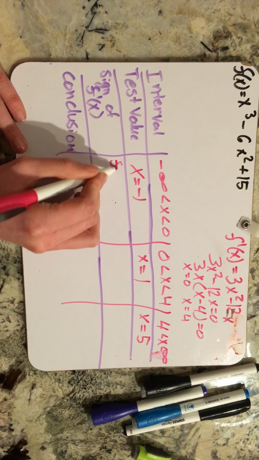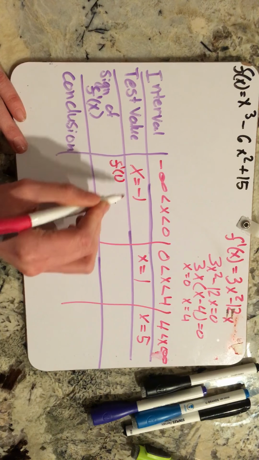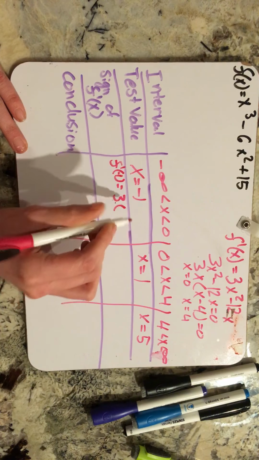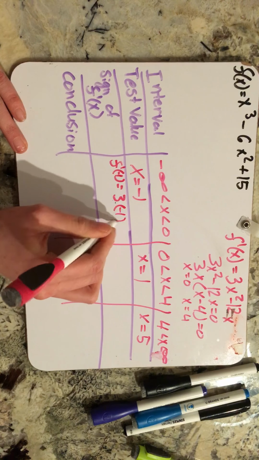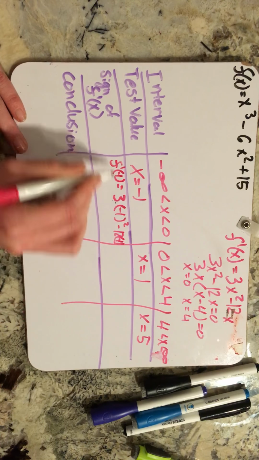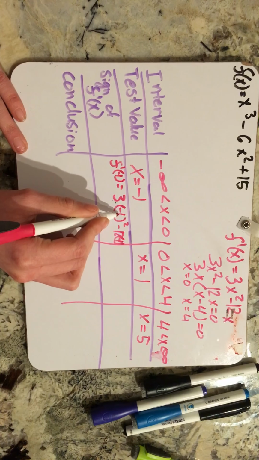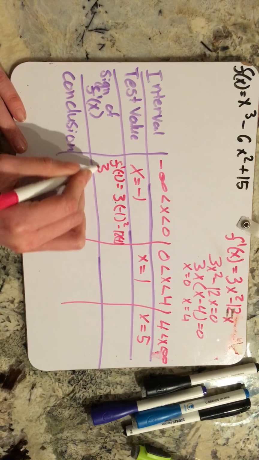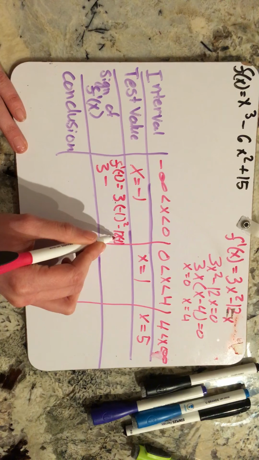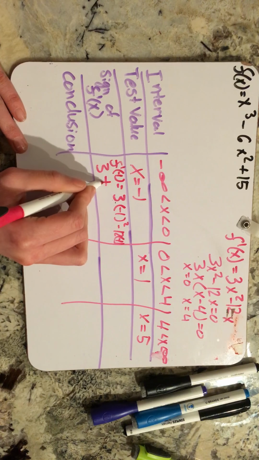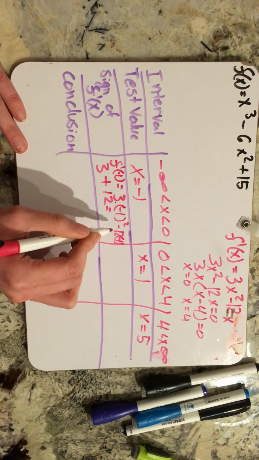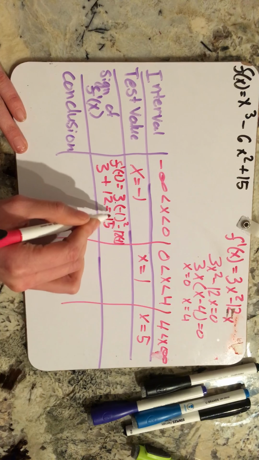So f prime of negative 1, sorry, is going to be 3 times negative 1 squared minus 12 times negative 1. Negative 1 squared is 1, so this is a 3 minus 12 times negative 1, so this is going to be a positive 12. And we know this is going to equal a positive number. It's going to equal positive 15.